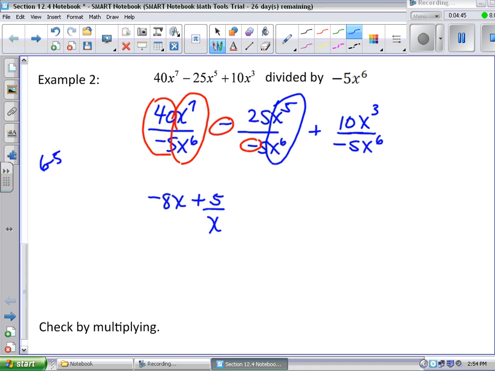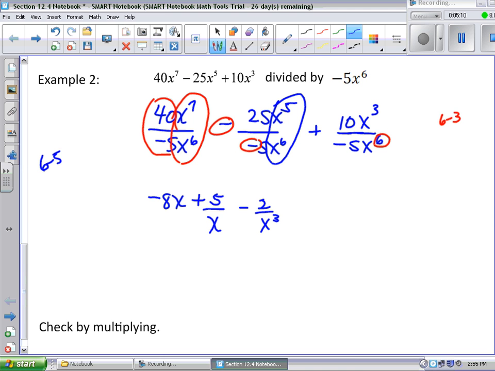Then I have a positive divided by a negative, which is going to give me a negative. Positive 10 divided by negative 5 will give me negative 2. This one is bottom heavy as well, so my answer is going to go in the denominator. 6 minus 3 is 3, so I will have x to the third in the denominator.